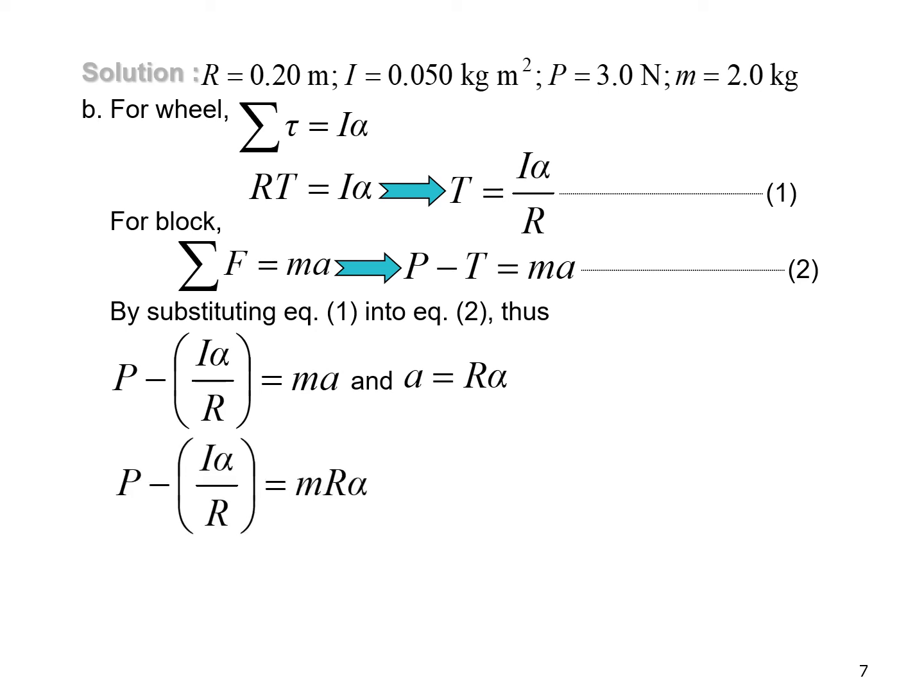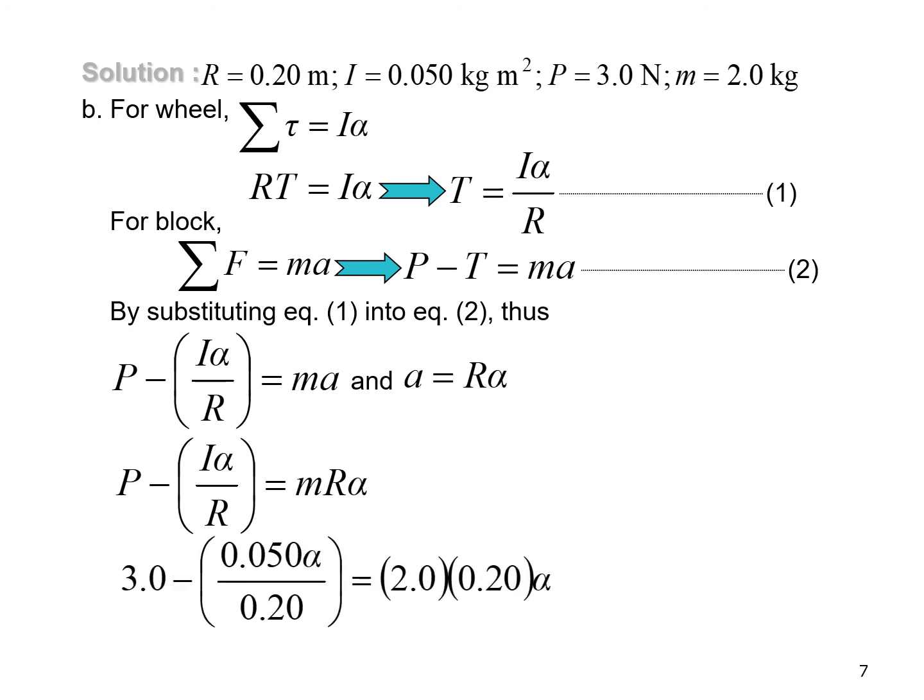So replace it in. Once we have the equation, we can substitute the values. The unknown will be the angular acceleration. So we solve for the value of angular acceleration, and we end up with 4.62 radian per second square.